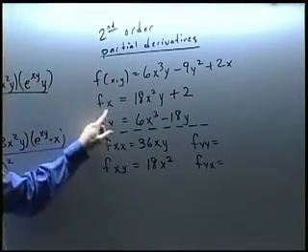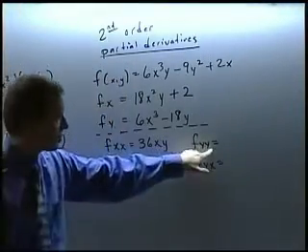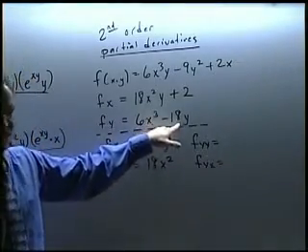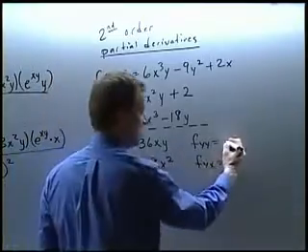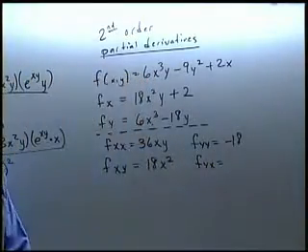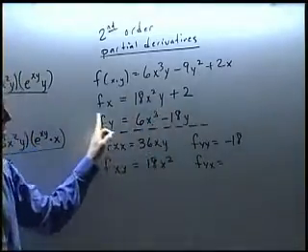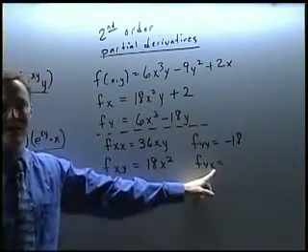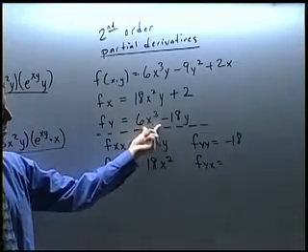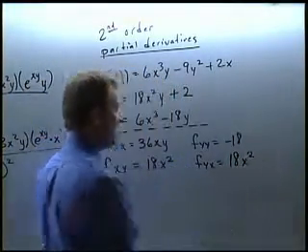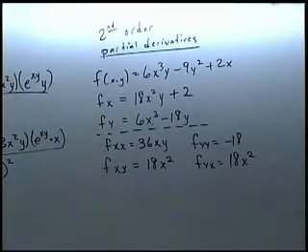I look at the fy function, and I take the derivative with respect to y again. This is 0, this is negative 18, isn't it? So this is just simply negative 18. And then what's fyx? I look at this function, and I want to take the derivative this time with respect to x. 18x squared.